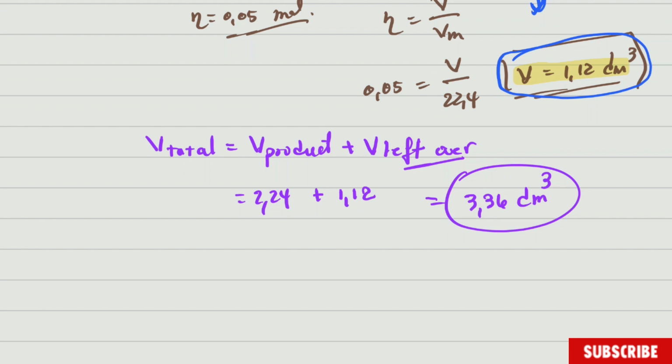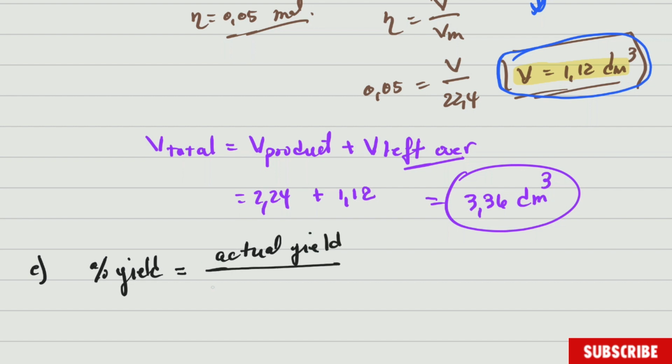So that one is question E, and guys, percentage yield is equal to actual yield divided by theoretical yield times 100, and all the numbers are given to you.